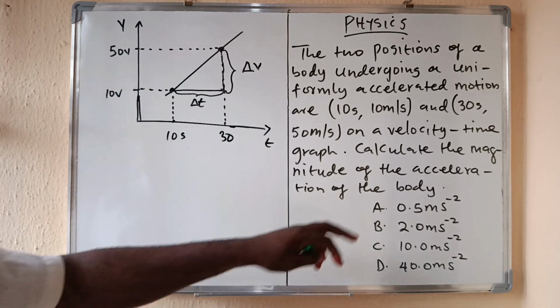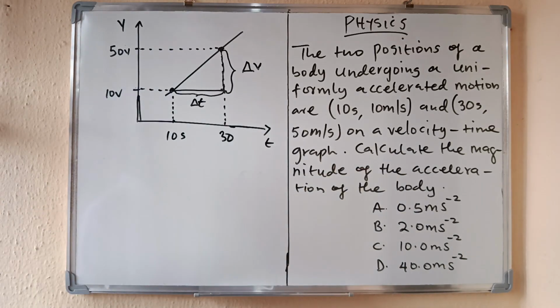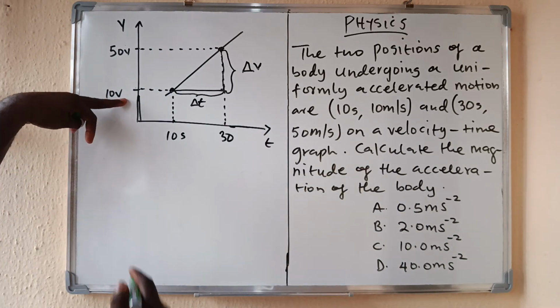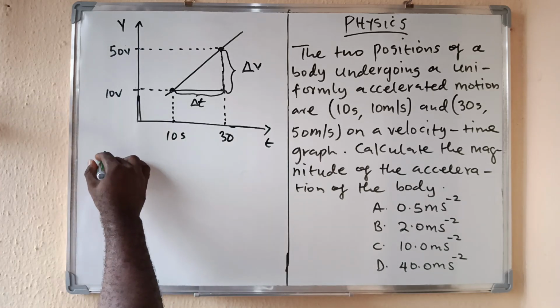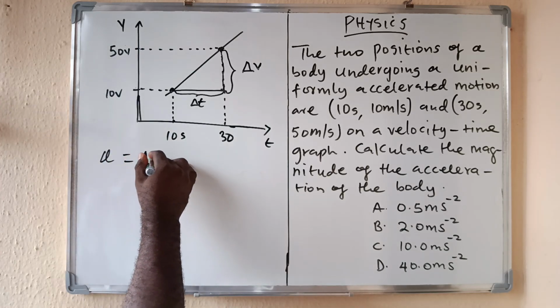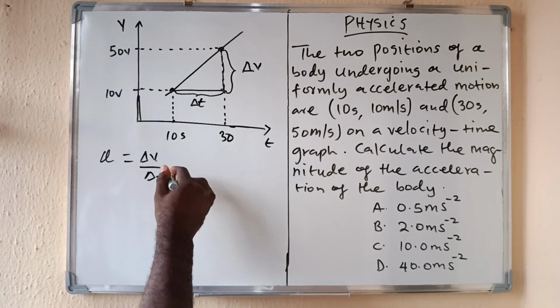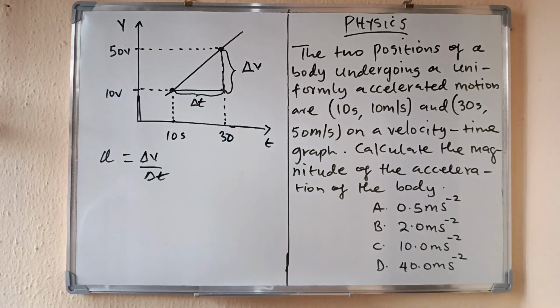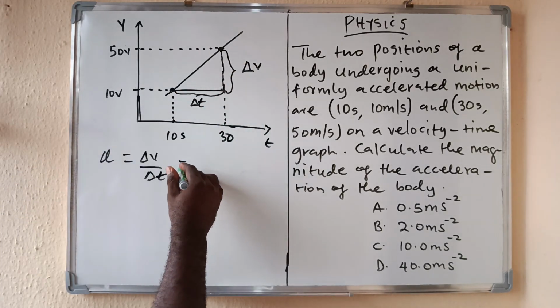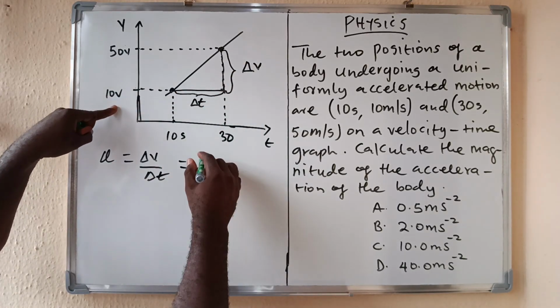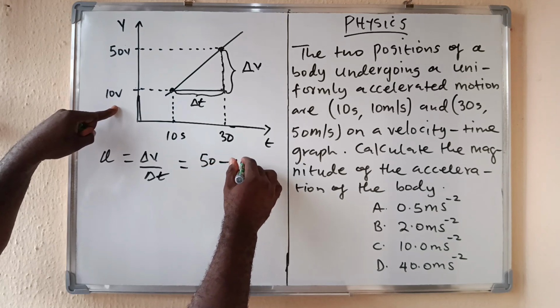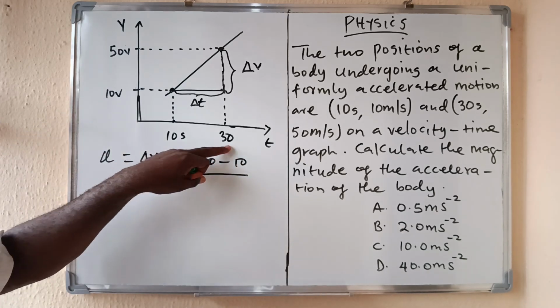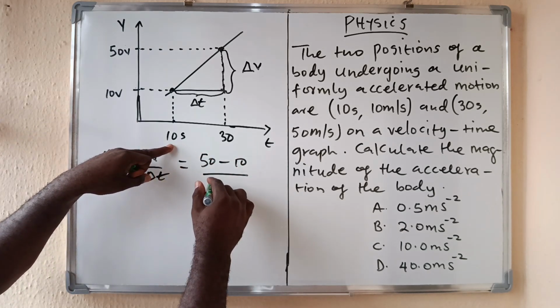So how do we get the magnitude of the acceleration? This is the first velocity. So my acceleration, A, is change in velocity over change in time. That is the slope of the graph. So what is change in velocity? 50 minus 10, over change in time, 30 minus 10.